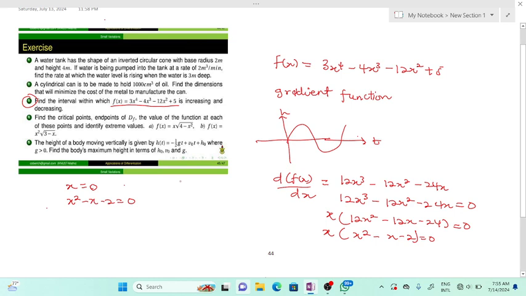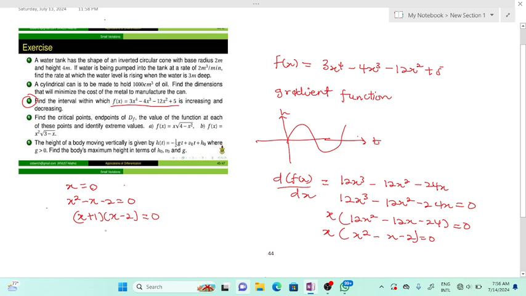I have 1, I have negative 1, and I have negative 2. Meaning you are going to have x plus 1 multiplying x minus 2 is equal to 0.